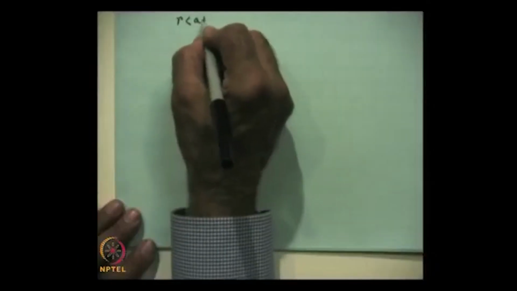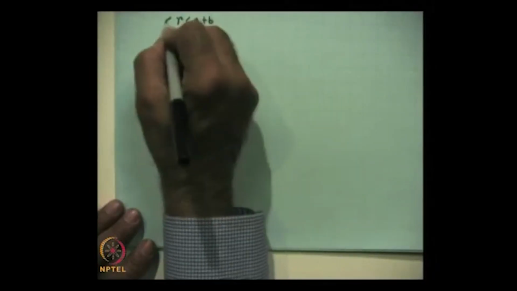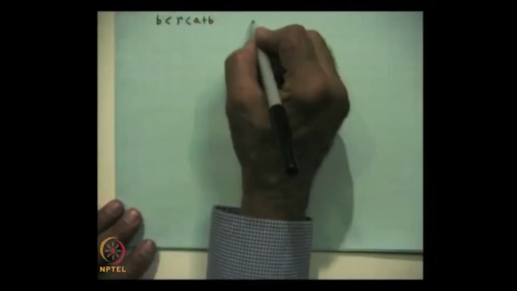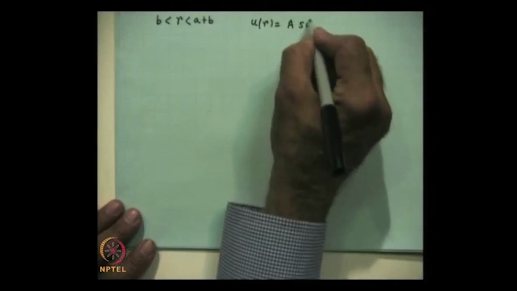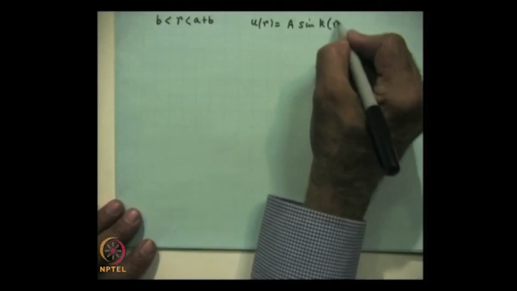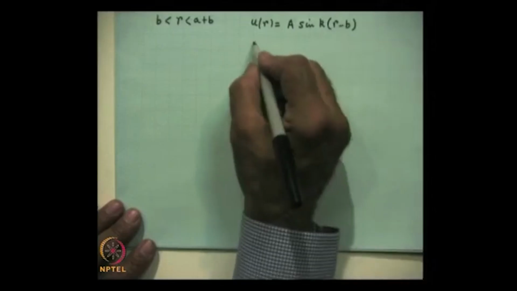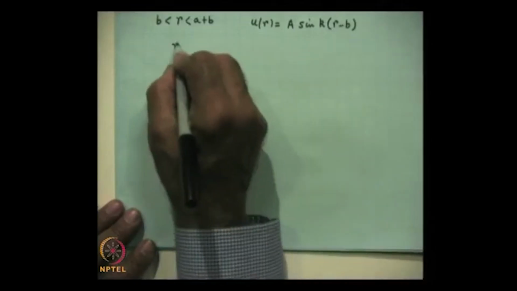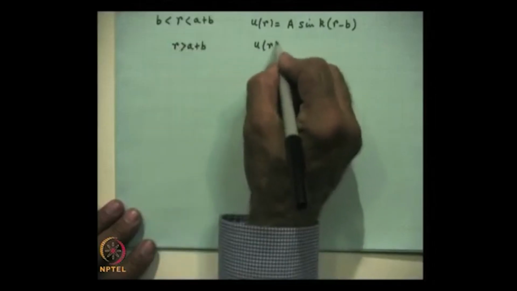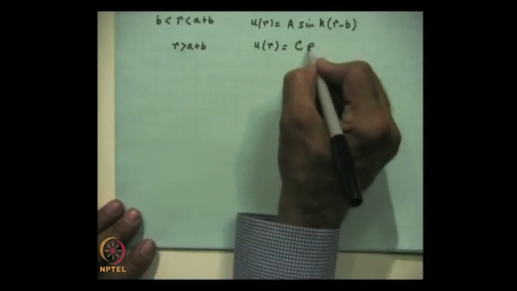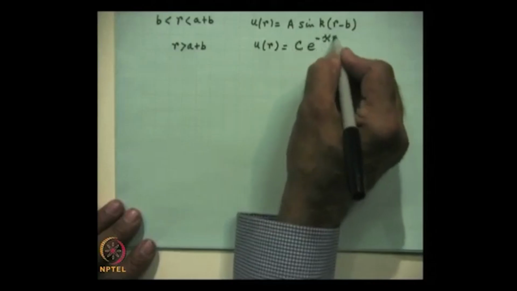Therefore, for r less than a plus b and greater than b, u of r is A sin k(r minus b). For r greater than a plus b, u of r will be c into e to the power of minus kappa r.